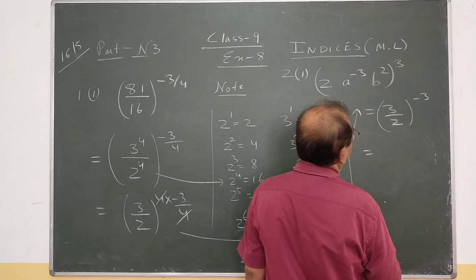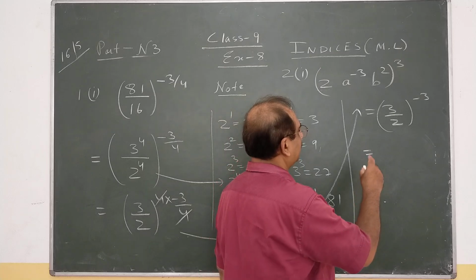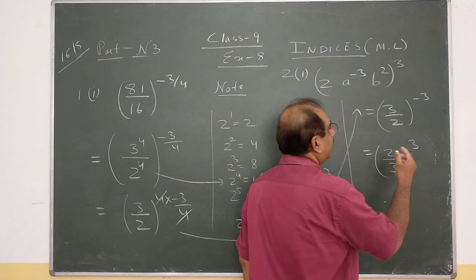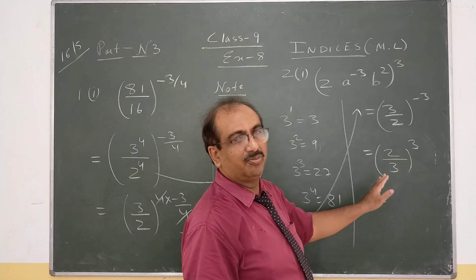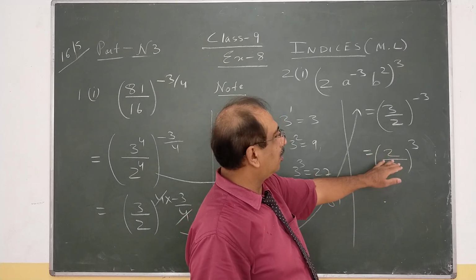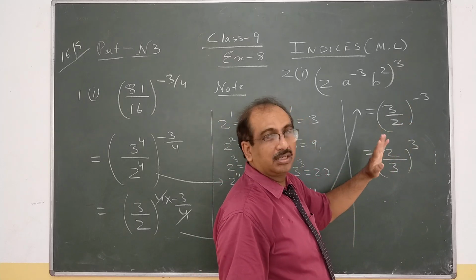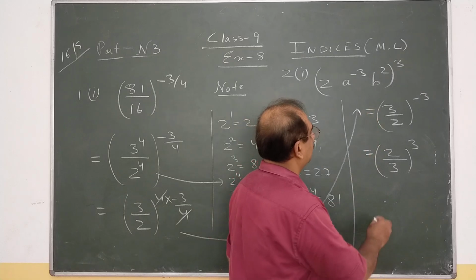Here there's one easy way. When a minus power is there, you just change the numerator and denominator, and it becomes a plus power. Actually, what is the logic, I'll tell you. First you copy, then I'll tell you what logic we are using. If there is a negative power, interchange numerator and denominator, meaning the denominator goes up and the numerator comes down.